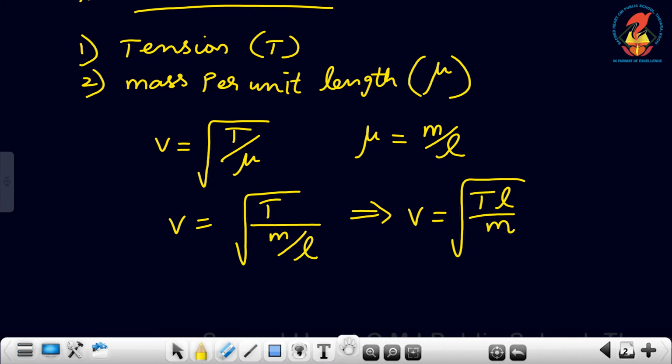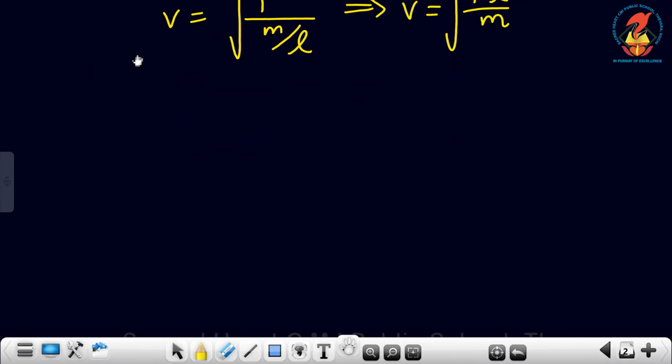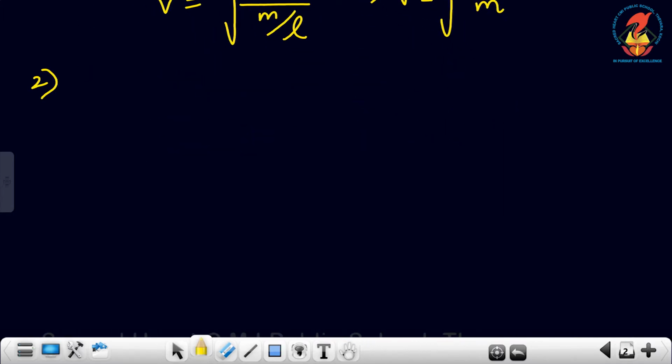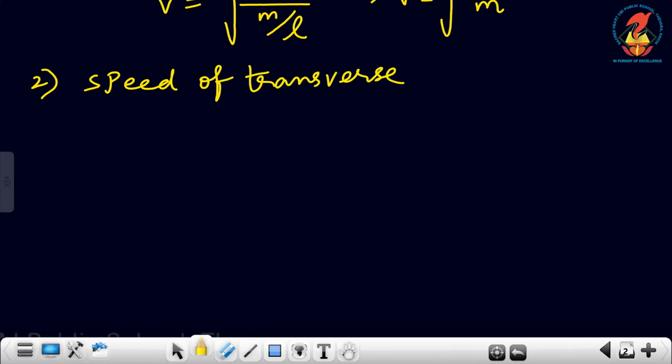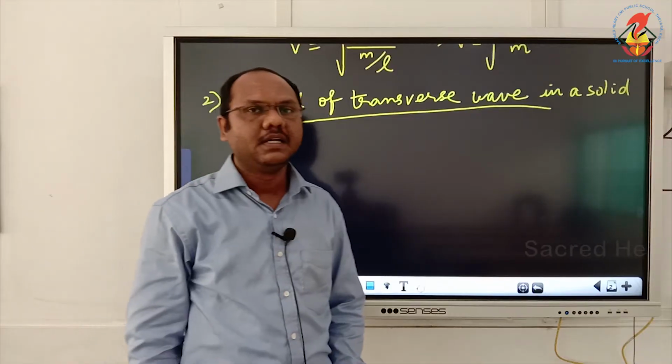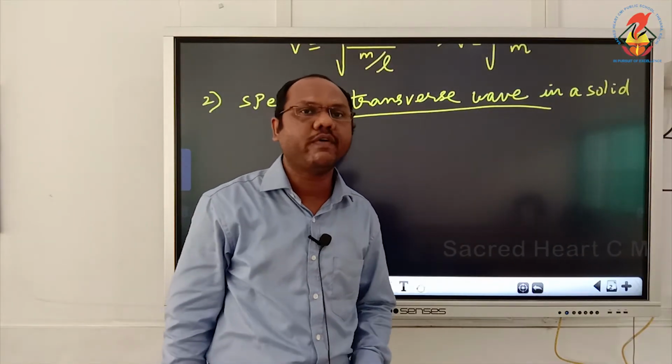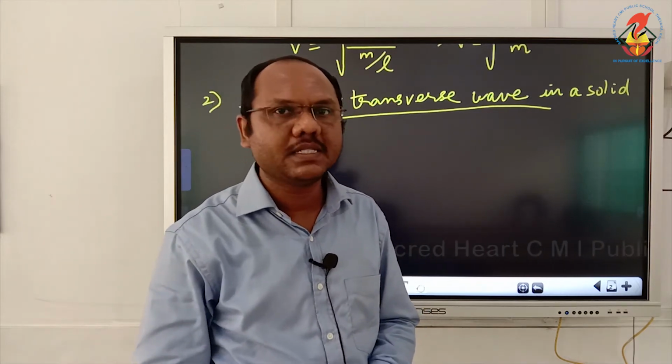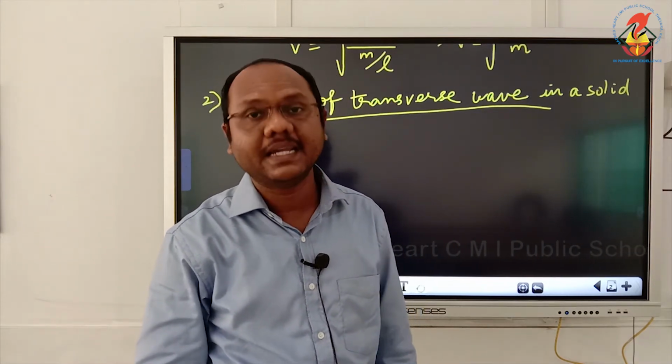Now, next one, speed of transverse wave in a solid. So, that depends upon two factors, the rigidity modulus and the density.